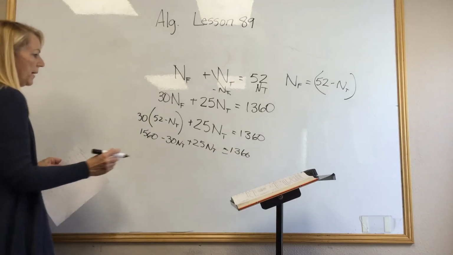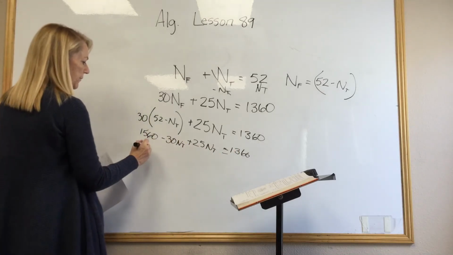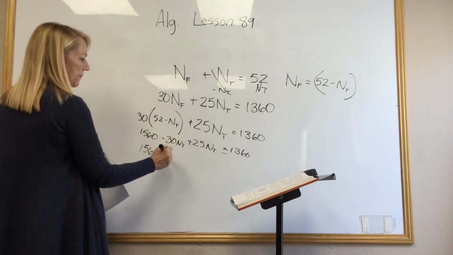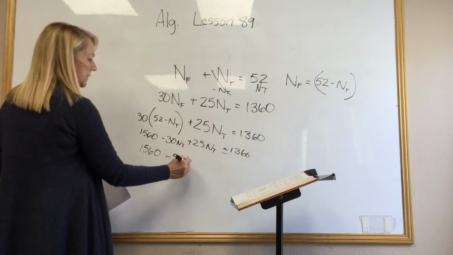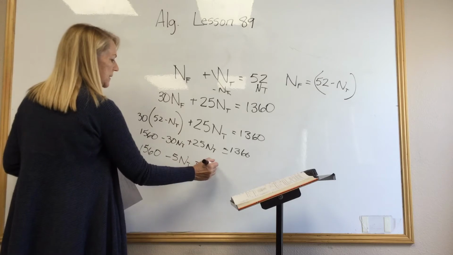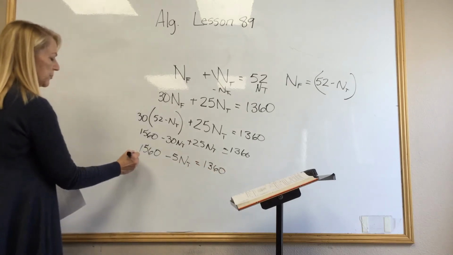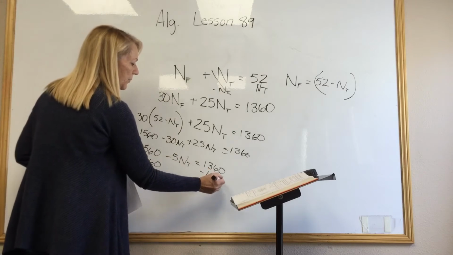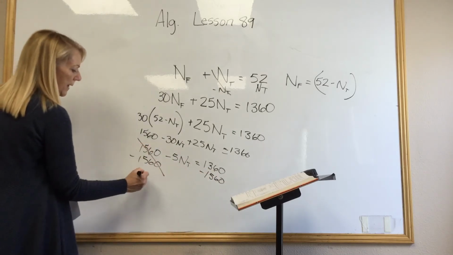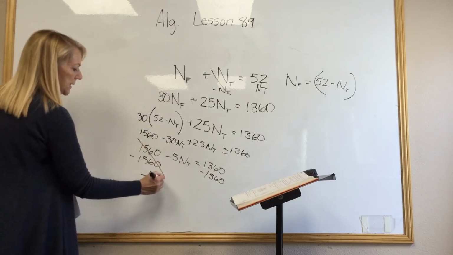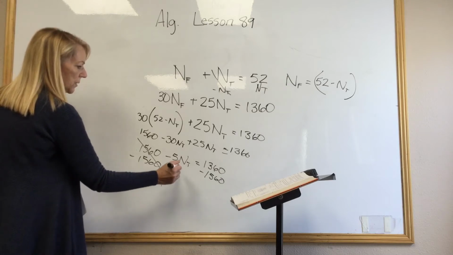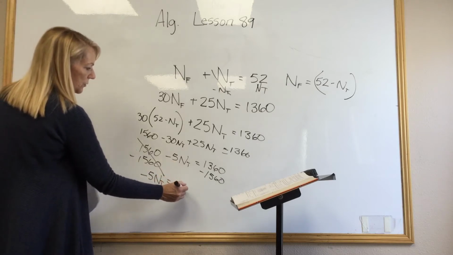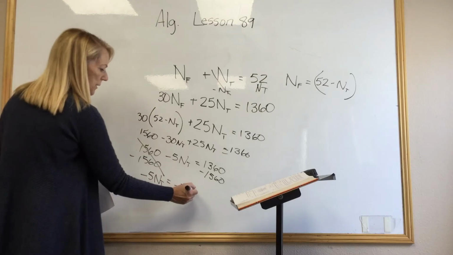So now I will combine my like terms. 1,560 minus 5 NT equals 1,360. And now I'm going to subtract 1,560 from both sides to isolate my variable. Makes that go away. And I have negative 5 NT equals negative 200. Is that right? Yes, negative 200.